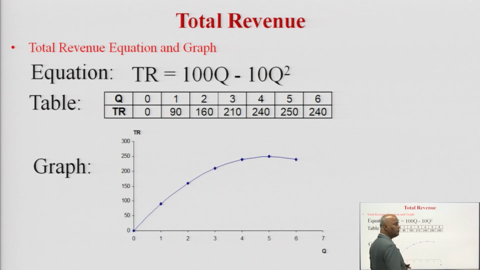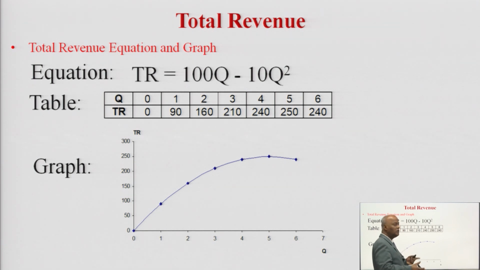From here you see the TR equation has been given, which is equal to 100q, where q is the quantity sold, minus 10q squared. This is derived with different quantities sold as the independent variable, and total revenue on the y axis as the dependent variable.